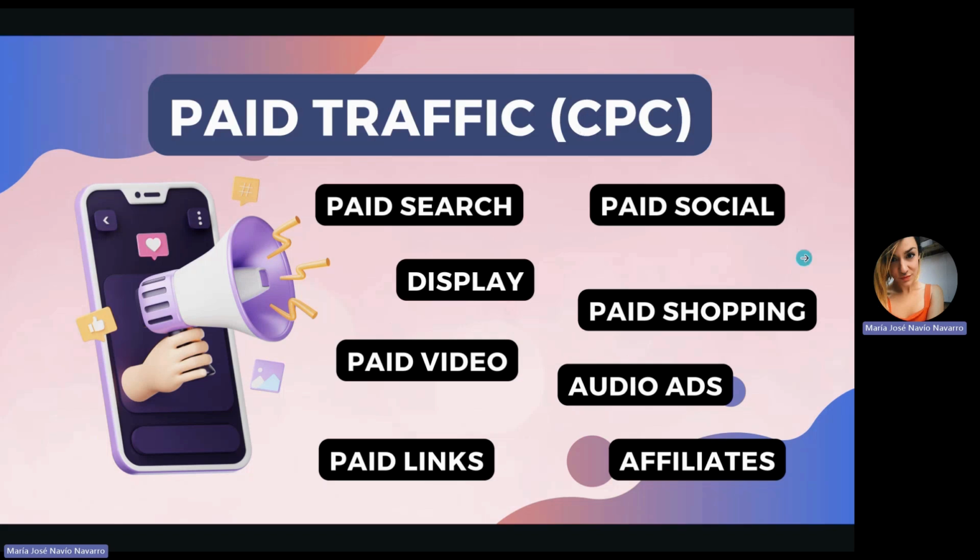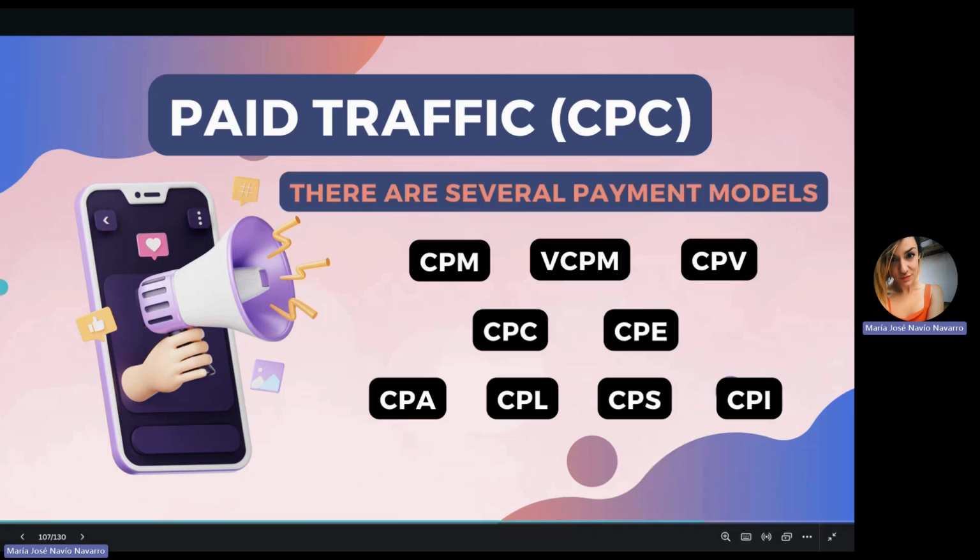Even if we know for sure that we have a lot of different payment models on advertising, we need to know that normally we call this paid traffic CPC. Remember that when we are working with CPM, we are working with 1,000 impressions. We are paying per 1,000 impressions.